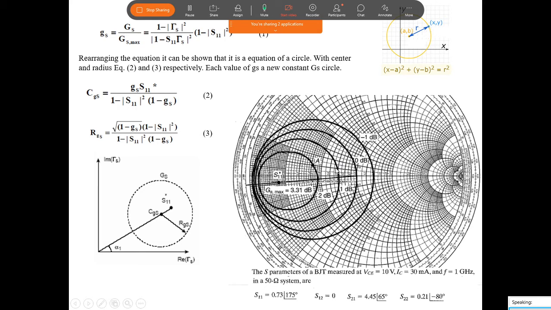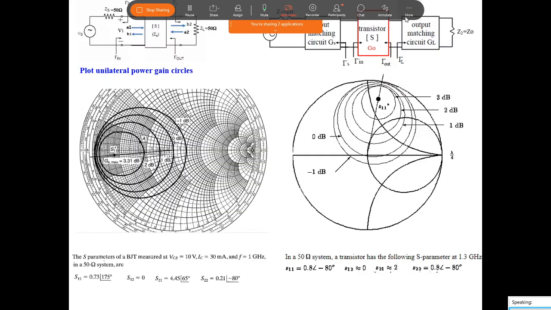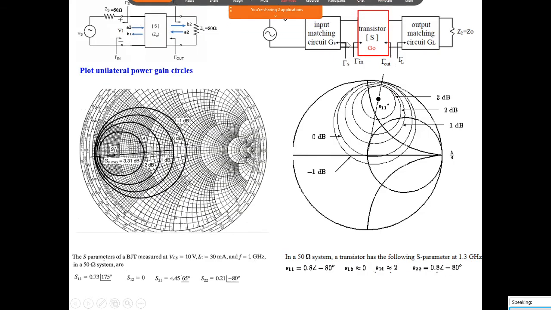You can take any value of impedance over this to get 1 dB gain. But we cannot take over this circle, this is 2 dB. If you take impedance over this circle, it will give 2 dB. So we have to take some impedance over that, and that impedance you should set here. Looking towards this direction, the impedance must be equal to any value over this.